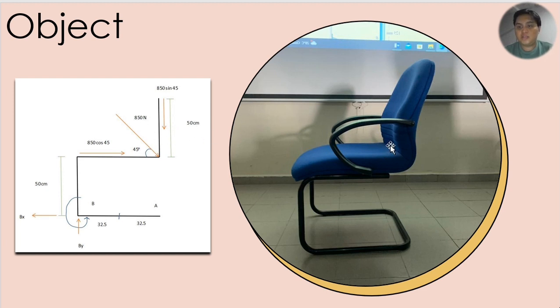So for example, if I sit on here, let's say 80 kilograms, there will be 850 newtons acting on the chair. So there will be forces that will put strain on this spot and on this spot. So the calculation will be presented by our next member, which is Fazal Kamal.